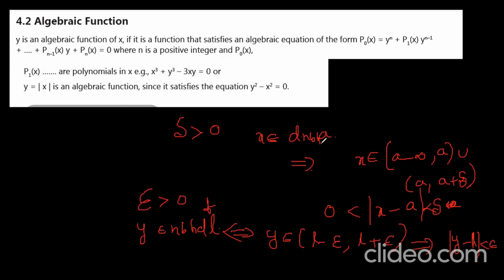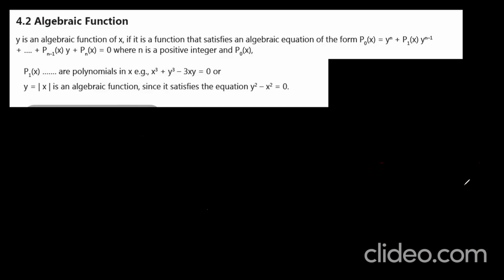Now the very important point, the limit point of a set. I will give the definition of a limit point of a set. Let me take some set A, a subset of R, from the real number set only.